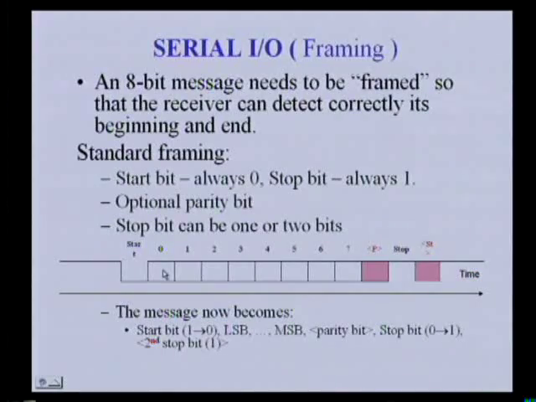Then the D0 bit of the byte, then D1 bit, and so on till the D7 bit of the byte. 8 bits are transferred. Then the parity bit, this is optional again, and the stop bit is high, and we can add another stop bit for using 2 stop bits. Okay.